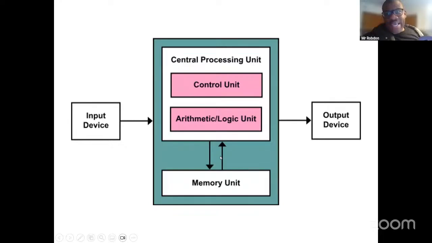What I showed you earlier was a more abstract view. But more specifically, we want to look at the central processing unit. The central processing unit is what we refer to as the brain of the computer. Just like you and I have a brain, the computer has a brain, which means that without the CPU, your computer is not able to fetch instruction, decode instruction, or execute instruction.